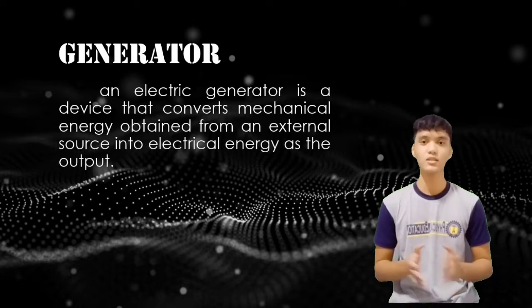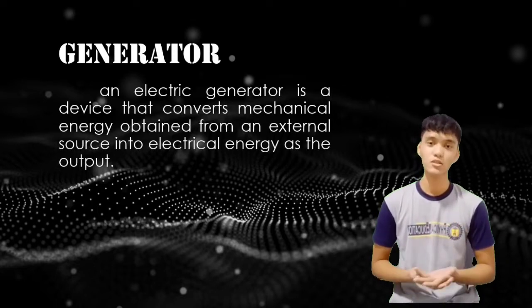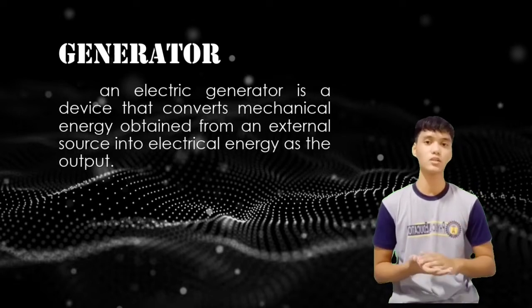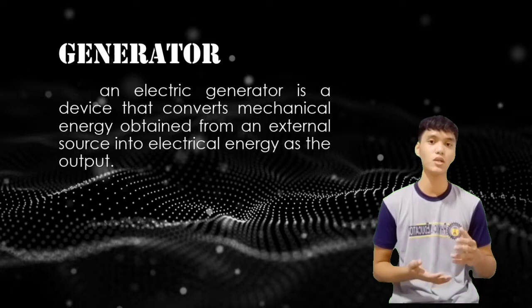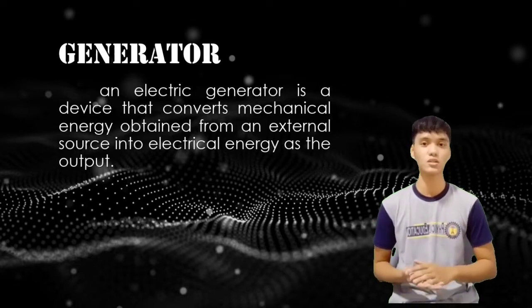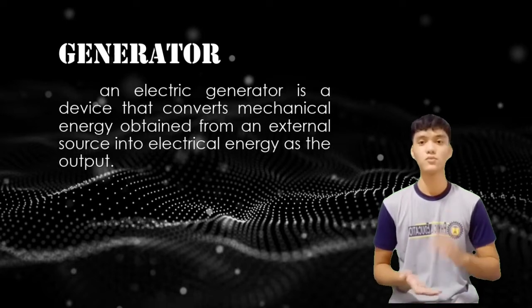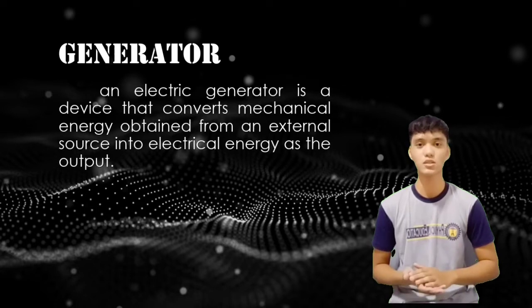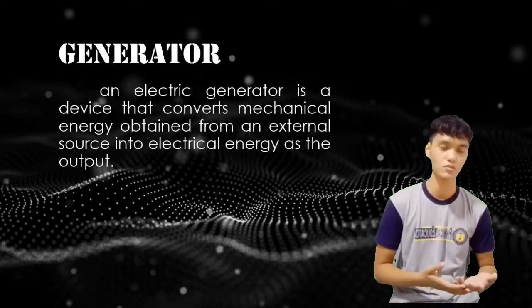Instead, it uses the mechanical energy supplied to it to force the movement of electric charges present in the wire of its windings through an external electric circuit. This flow of electric charge constitutes the output electric current supplied by the generator.